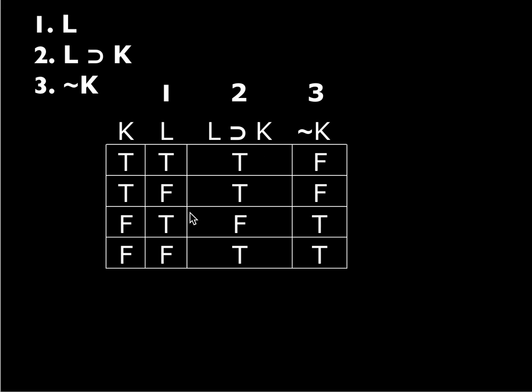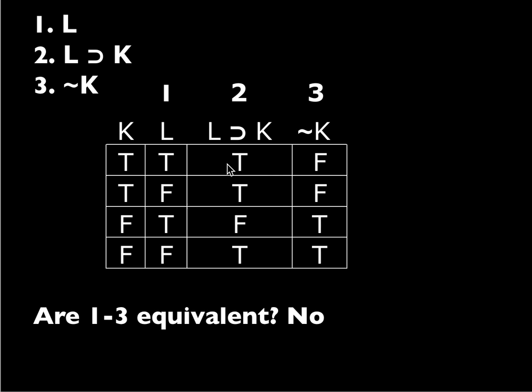So, are they equivalent? No. Row 1, there's already a difference right there. False, but that's true. So they're not equivalent. Are they consistent? Well, it's just going to need any row where they're all true. And you can see there's no row like that. So that set of statements is inconsistent.